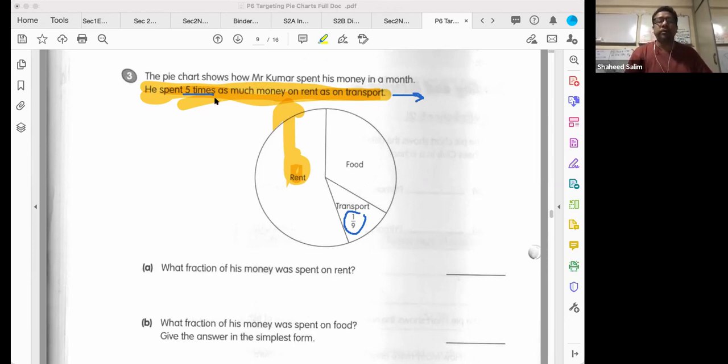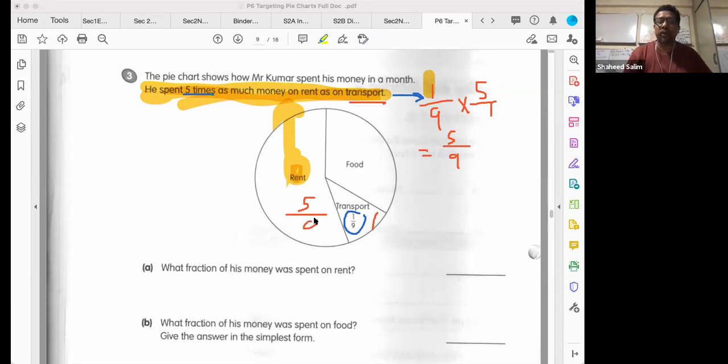Okay, very simple. They tell you it's 5 times, so times 5. 1 over 9 times 5. So 5 is 5 over 1. Sophia, focus. 1 times 5 is 5. 9 times 1 is 9. Look, this is the time to focus.